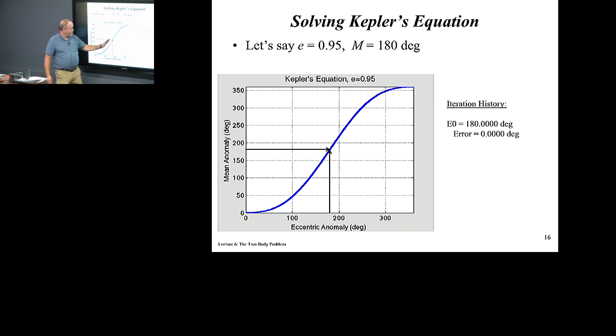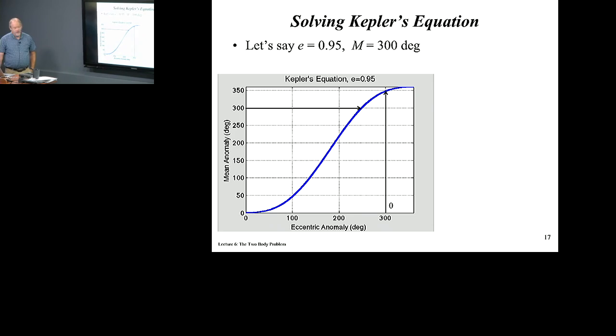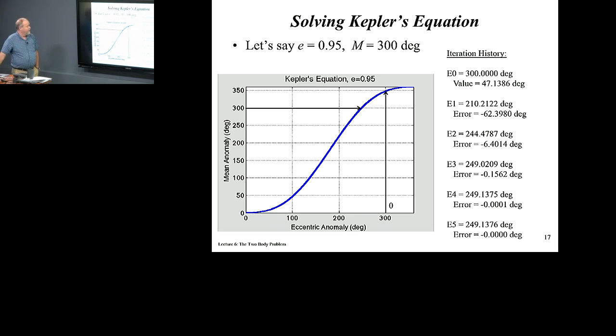But also note that this whole region here is fairly linear, so even close to 180 in that region, we should be able to converge in one or two guesses, iterations. But what if we're up at this end where there's a lot of curvature? So there's a lot of curvature. Let's say we're starting with 300 degrees. The first value we get out is actually 47 degrees.